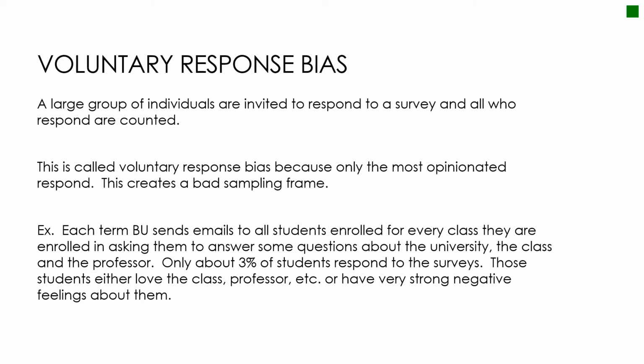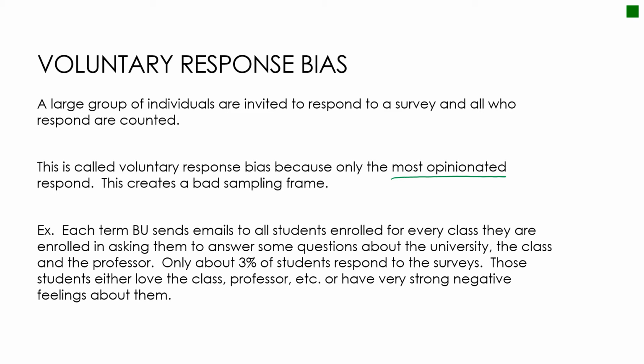One bias is called voluntary response bias, and we've actually talked about this a little bit ago. If I gave a survey and just said, hey, respond if you want to, and chose only people who volunteered, I'm probably going to end up with the most opinionated people because they're the people who have the most to say.